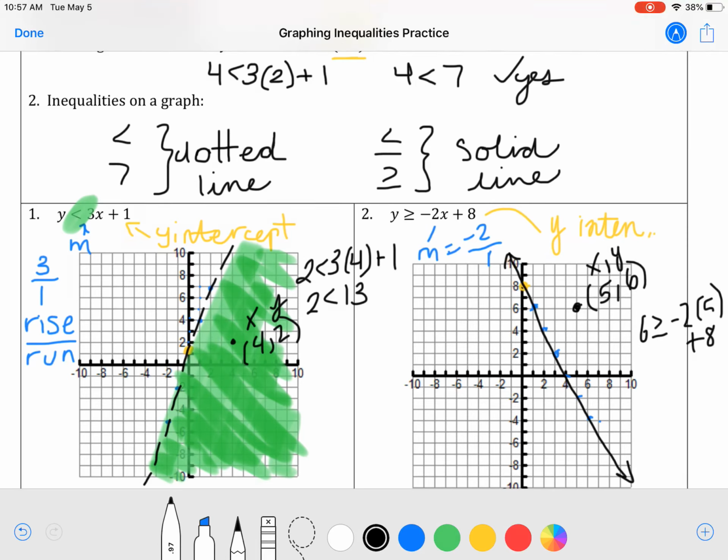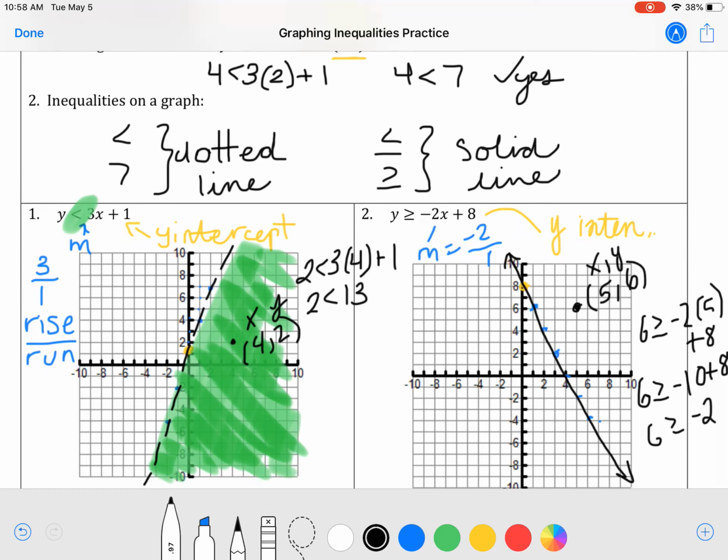Okay, and I have to figure out what that right side is. So let's see. Negative 2 times 5 is negative 10. So negative 10 plus 8 is what I'm looking at. 6 is greater than or equal to negative 2.